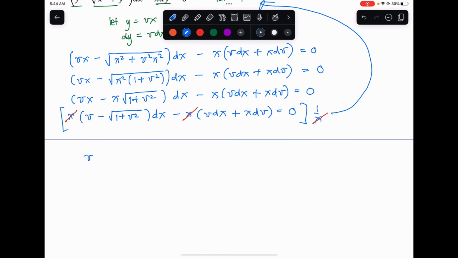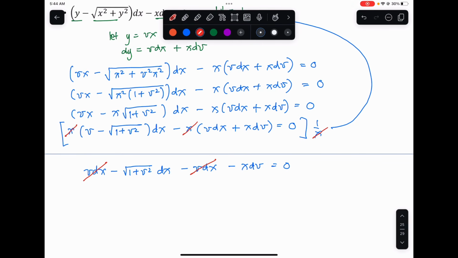So that is v dx minus the square root of 1 plus v squared dx, then minus v dx minus x dv equals 0. So v dx minus v dx is 0, giving us a negative: negative the square root of 1 plus v squared dx minus x dv equals 0.